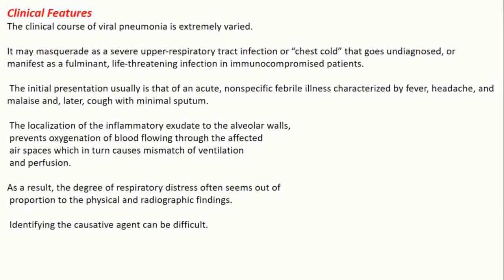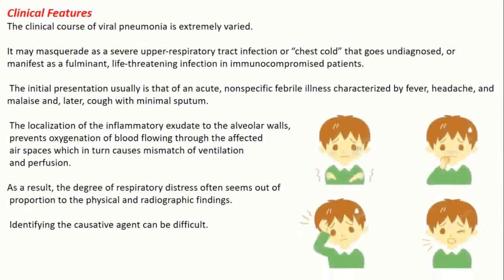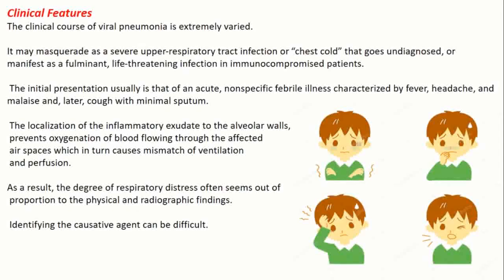The initial presentation usually is that of an acute non-specific febrile illness characterized by fever, headache, and malaise, and later cough with minimal sputum. The localization of the inflammatory exudate to the alveolar walls prevents oxygenation of blood flowing through the affected air spaces, which in turn causes mismatch of ventilation and perfusion.